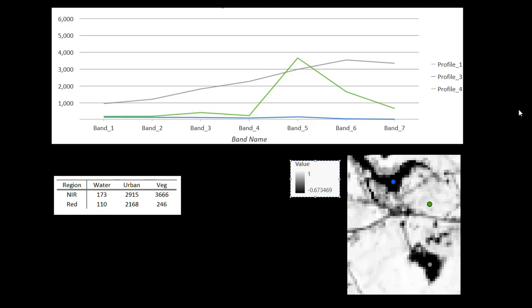In this lecture video, I want to finish up our discussion of indices by going through an actual example with an image snippet and a spectral profile of NDVI.